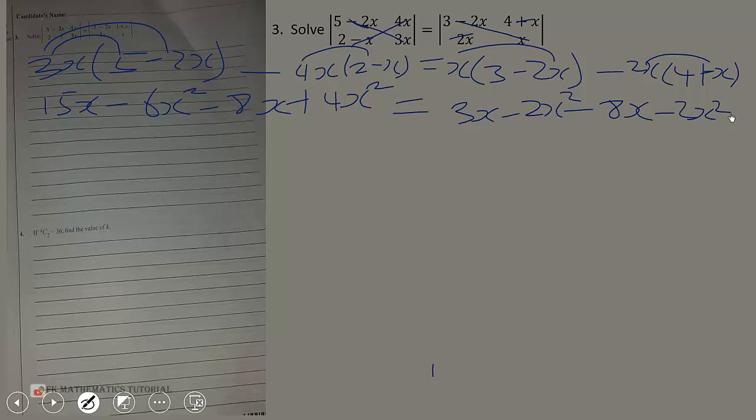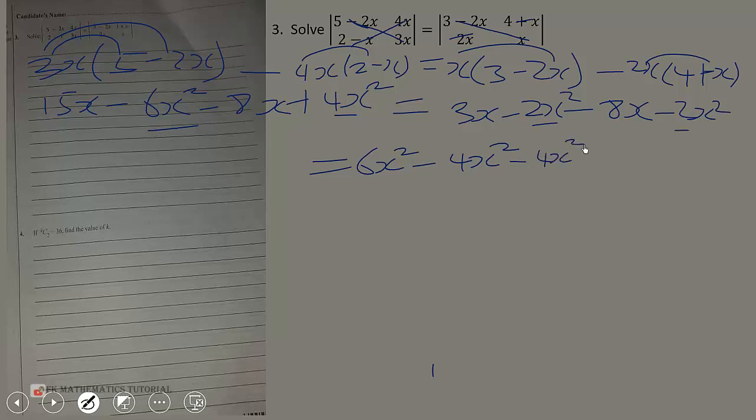So grouping the terms, let's group the terms on the left hand side. So on the right hand side, I'm moving the 6 here. I have 6x squared over here. Then minus 4x squared here. Then already we have this and this, another minus 4x squared.